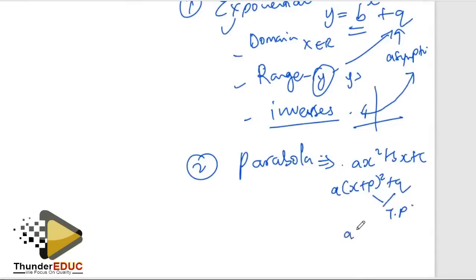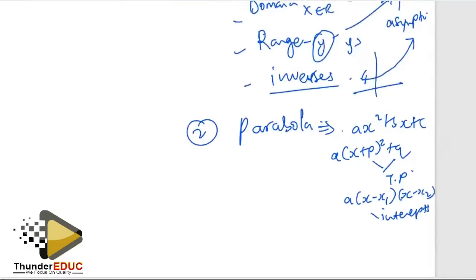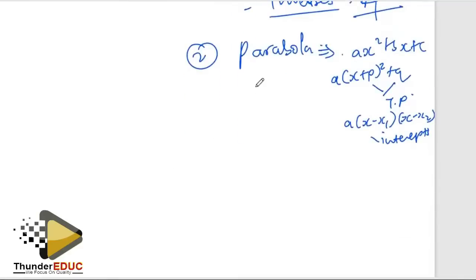And then we also have a(x minus x1)(x minus x2), where x1 and x2 are the intercepts, okay? The points where the graph is cutting the axis. And then with parabolas, we have the smiling one if a is greater than 0, and then the frown face if a is less than 0.